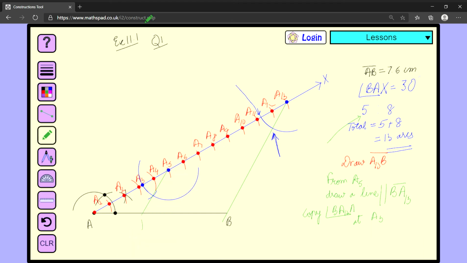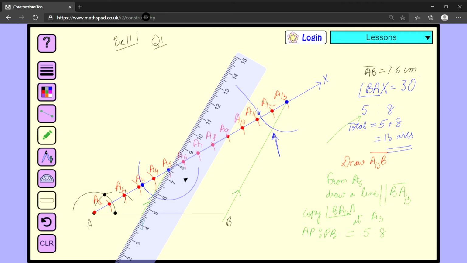This point is point P, and we have obtained two parallel lines. The ratio of AP with PB will be 5:8, and you can verify it by measuring the two parts. Let's use the ruler and see.